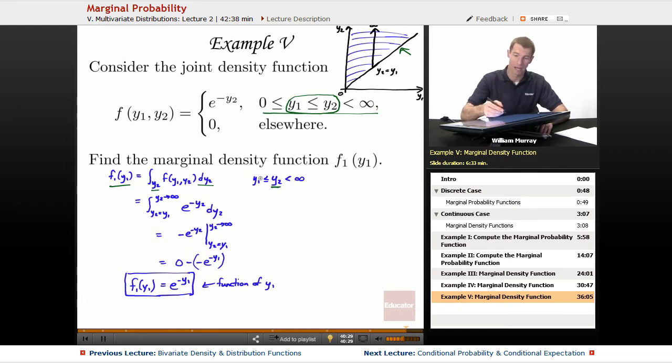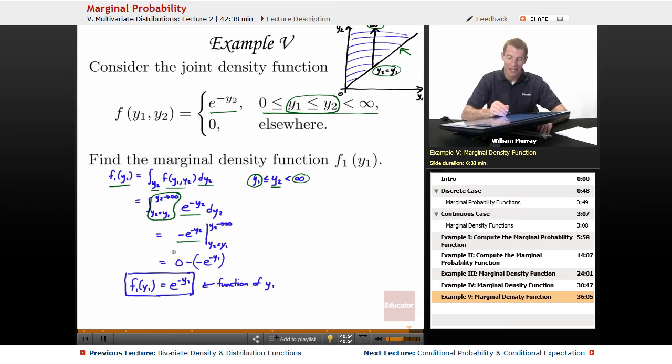So the lower bound for y2 is this diagonal line. That's where I got y2 equals y1. Upper bound, it goes on forever, so that's why there's an infinity there. And then I plug those in and I get this region of integration. And the density function just comes from the stem of the problem, e to the negative y2. Integrate that with respect to y2. Did a little u substitution in my head, u equals negative y2.